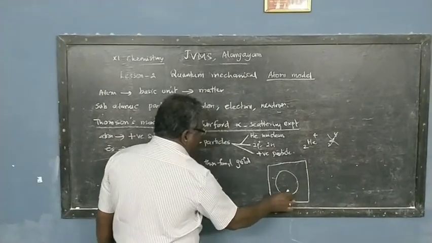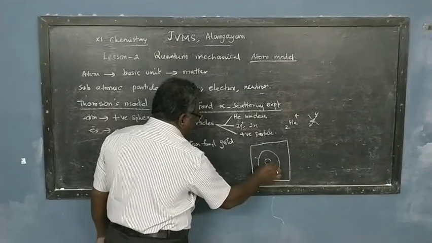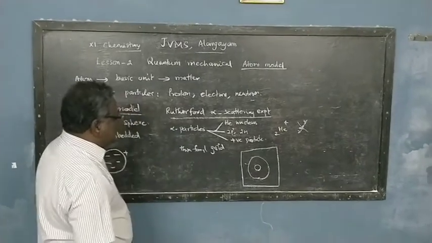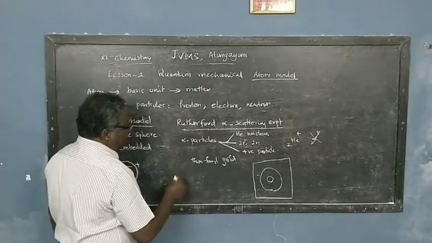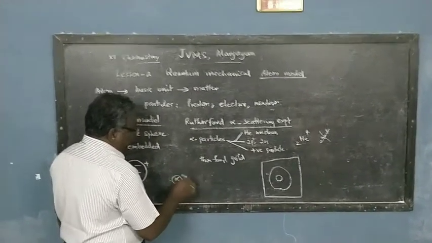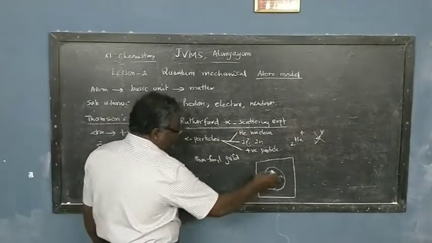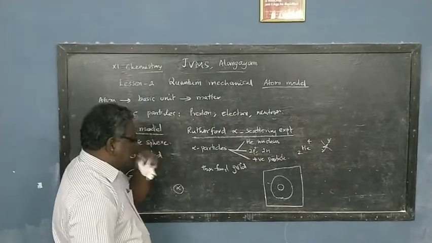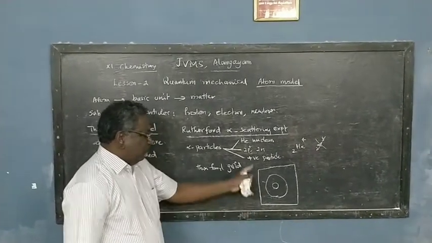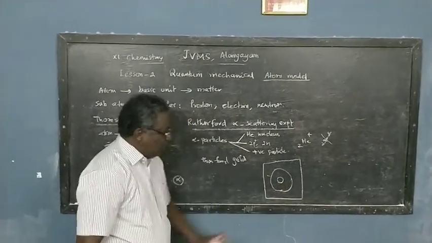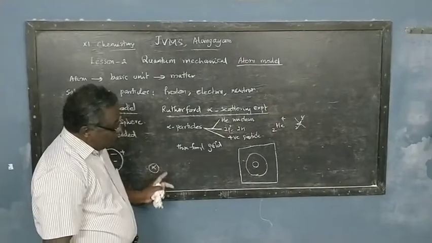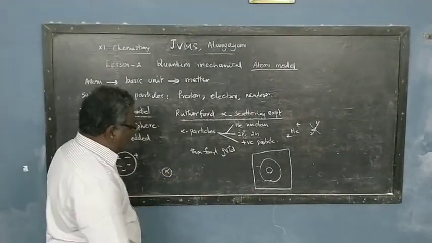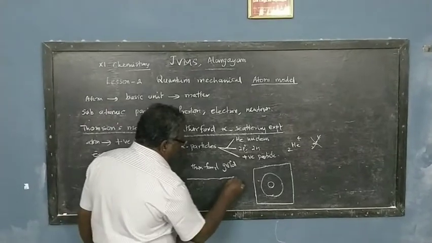So in the atoms, on the atoms, what is passed? A stream of alpha particles. So alpha particles are allowed to penetrate this thin foil of gold. So it's a gold sheet. இதுல ஒரு atom போட்டு காமிக்கிறோம். இந்த ஆட்டத்துக்குள்ள என்ன போகுது இப்போ? Alpha particles are going to go. He found that it went like this.